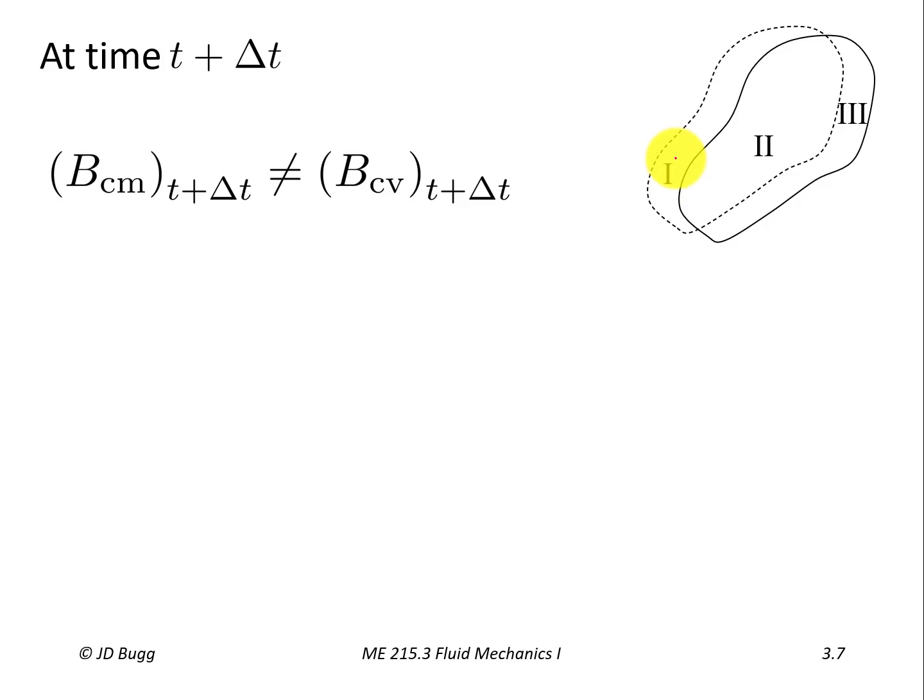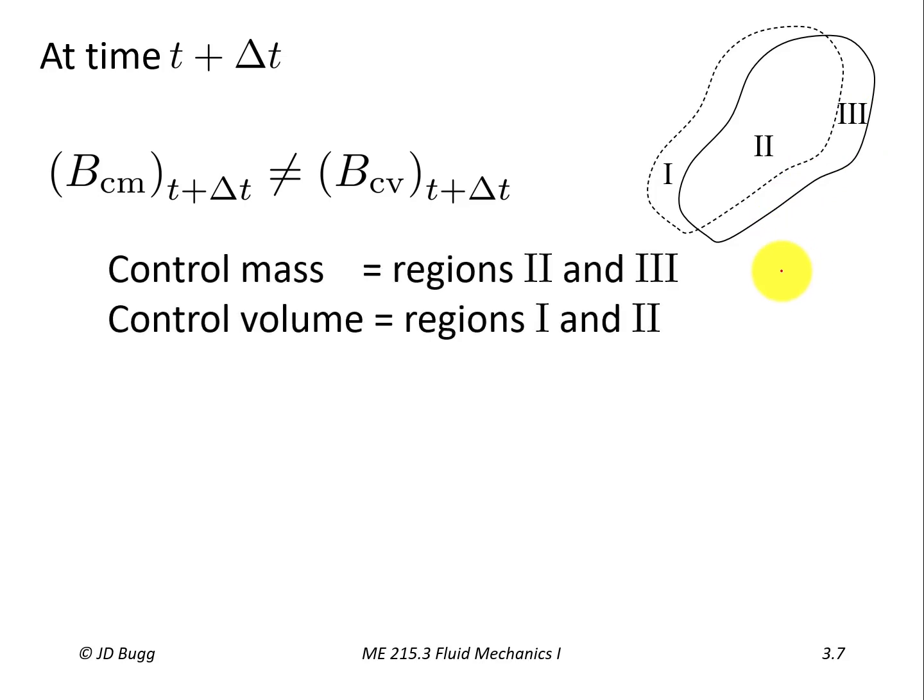However, we can use our labeling of these three regions to begin to relate those two things together. As I said on the previous slide, our control mass consists of regions 2 and 3. Remember, that's the solid line, the identified piece of mass that's heading off to the right in this illustration.